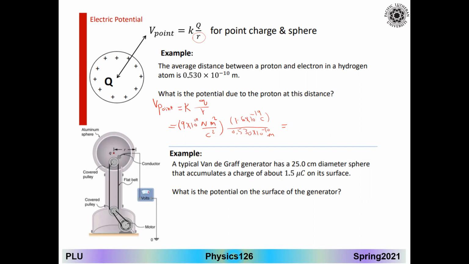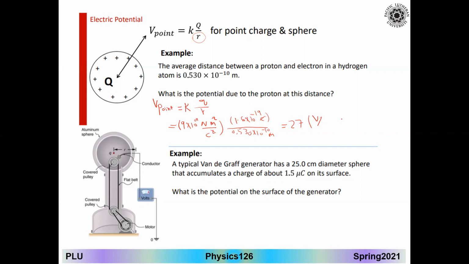Let's see the units. We have meters, coulomb squared, and what else? The newton, meter, and coulomb. So we end up with the number 27.